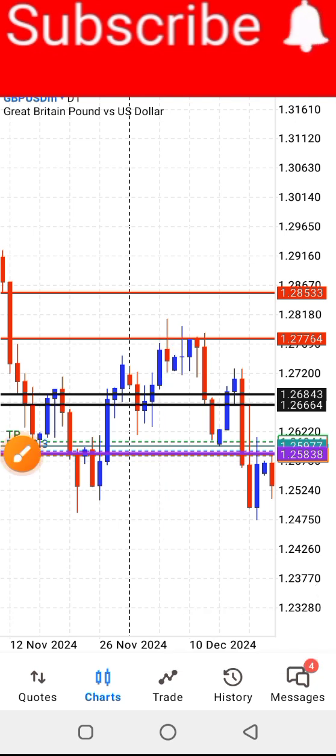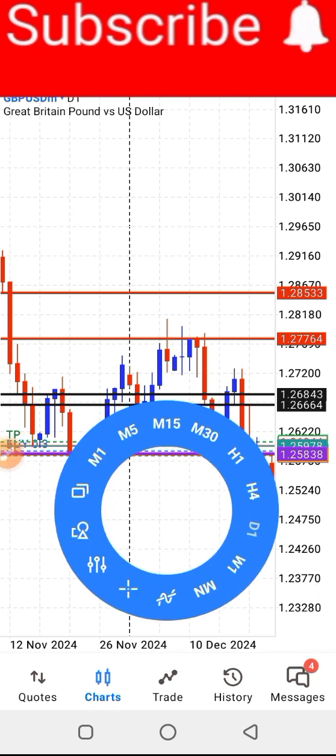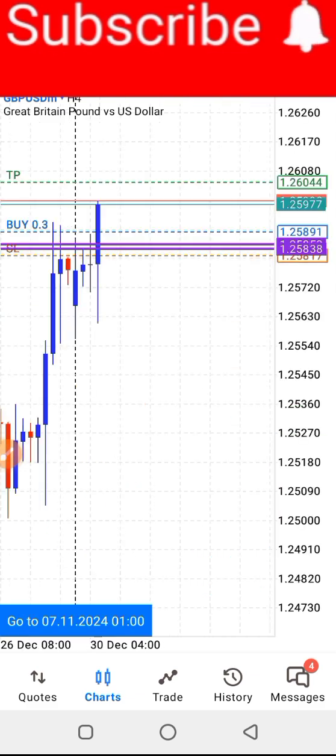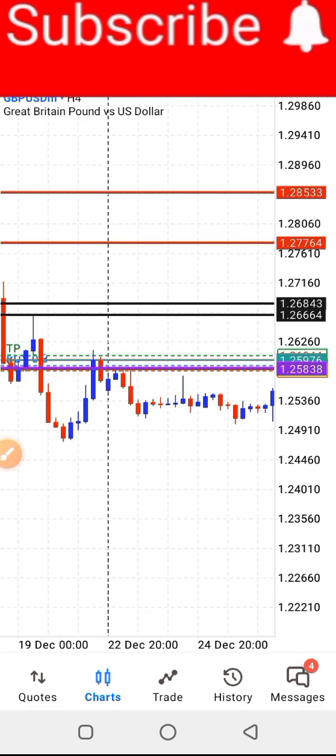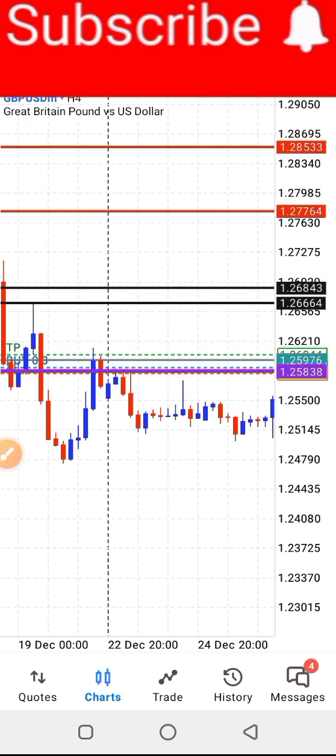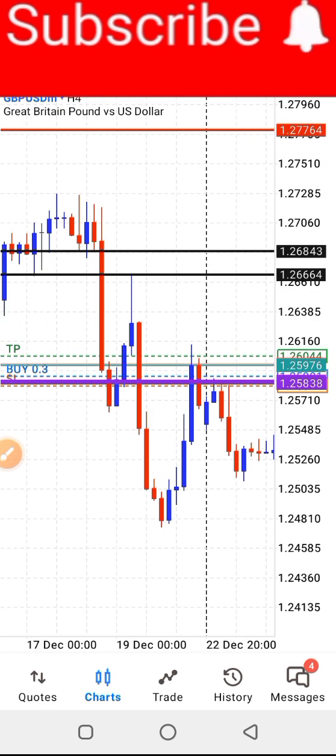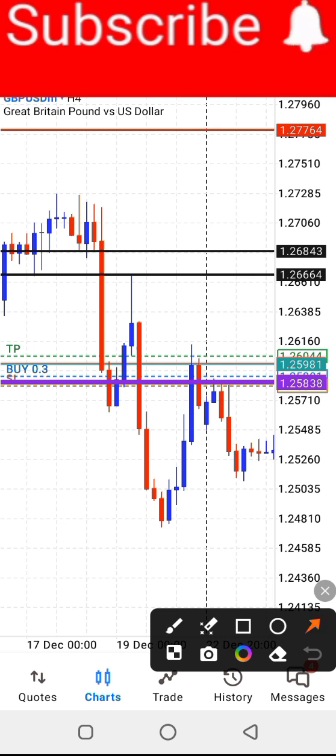Okay, so when I was done with this, I jumped from the daily time frame to the H4. Let me show you. On the H4 time frame, I noticed that there's an imbalance that price has not filled. So you had this movement to the downside.